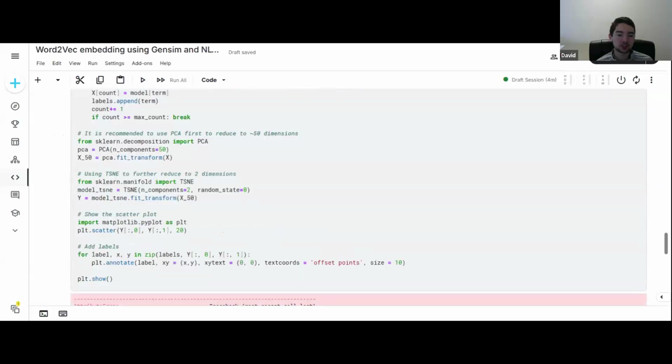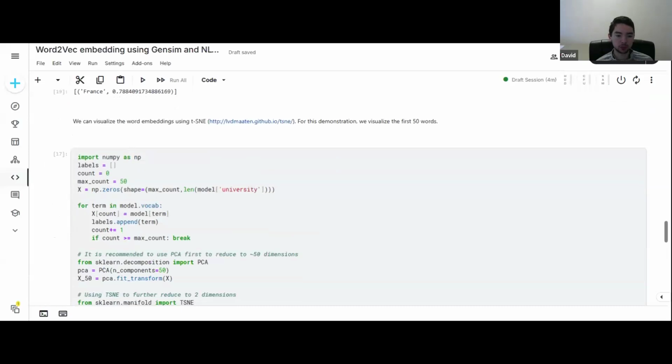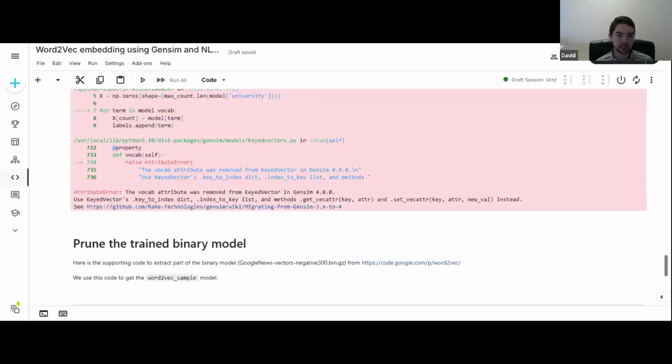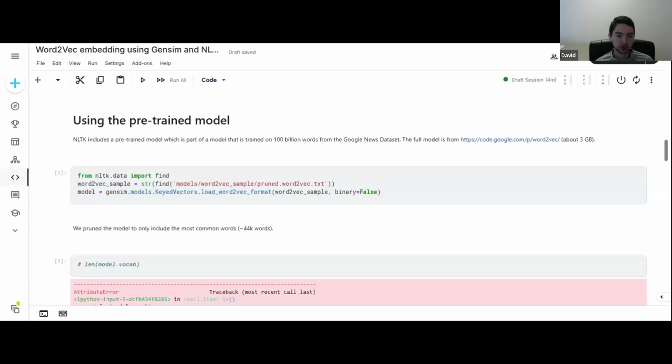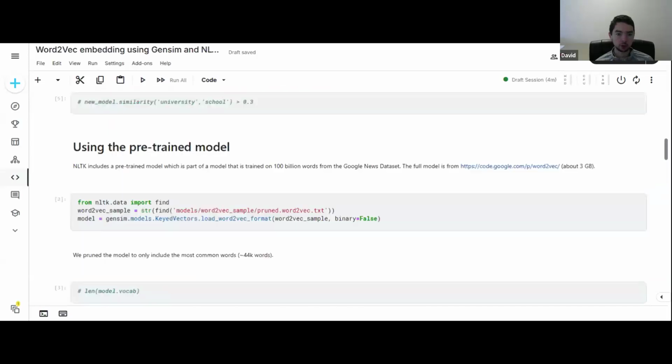Yeah, makes sense. The key thing here is that words that are similar will be positioned similarly in the vector space. There's a few other functions in here to show the distance in the vector space between different words.